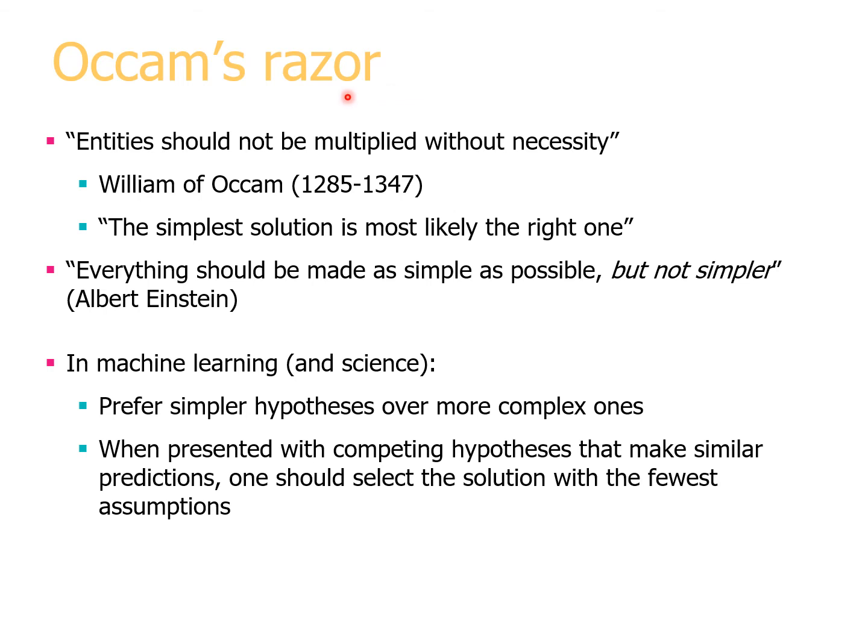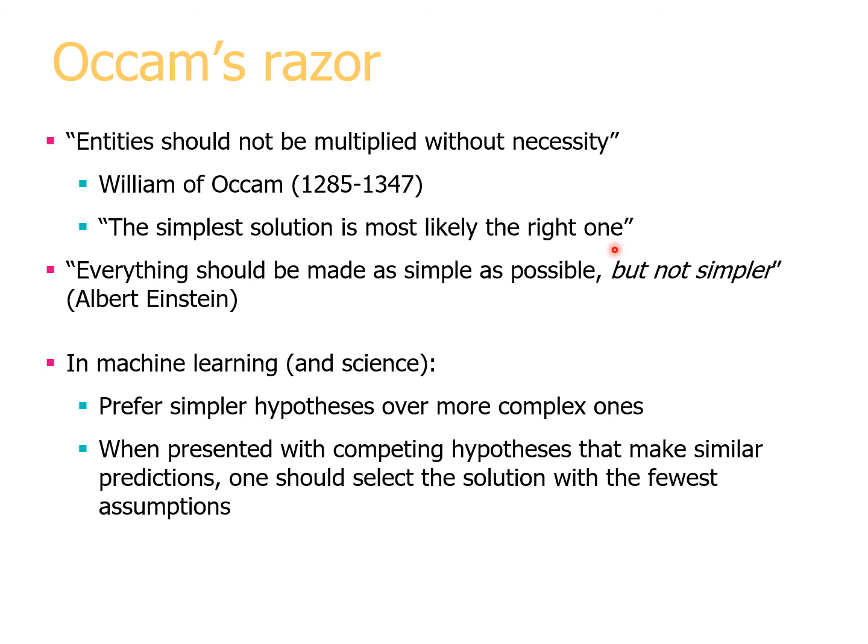This was first proposed by this person, William of Occam, back in the 1300s. It says entities should not be multiplied without necessity. If you paraphrase it, it says the simplest solution is most likely the right one.